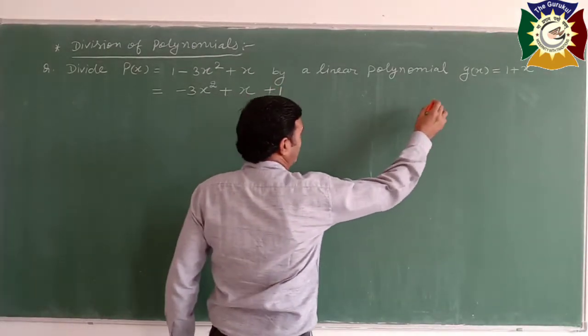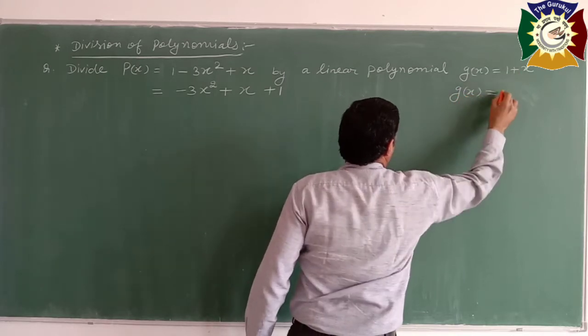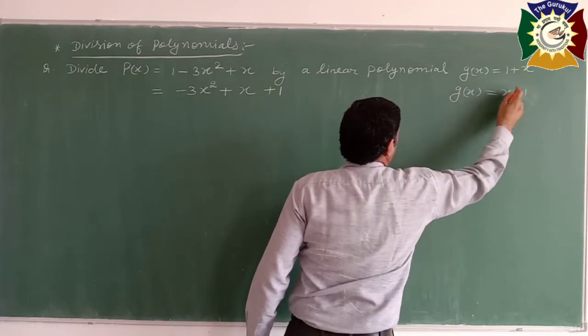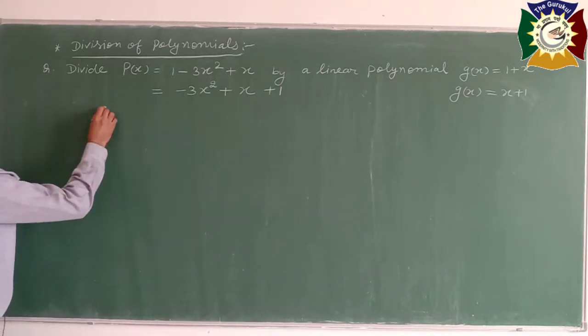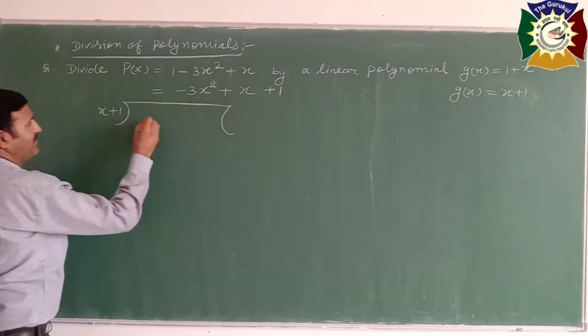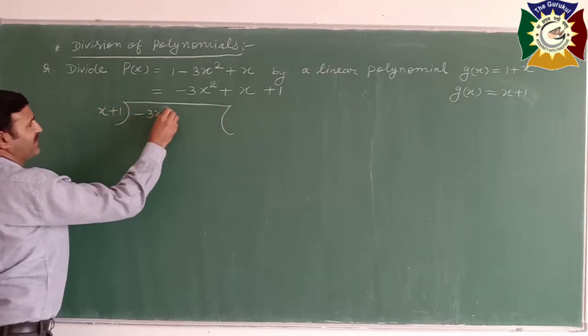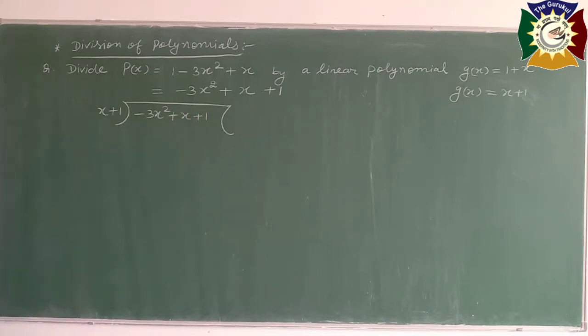And g of x in standard form is x plus 1. Now we have to divide minus 3x square plus x plus 1 by x plus 1.